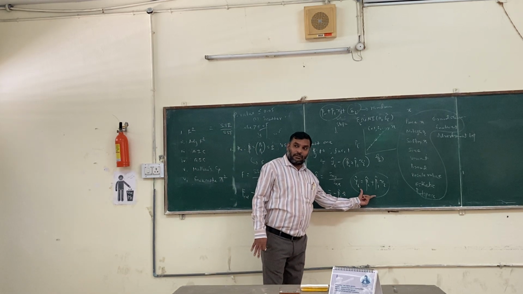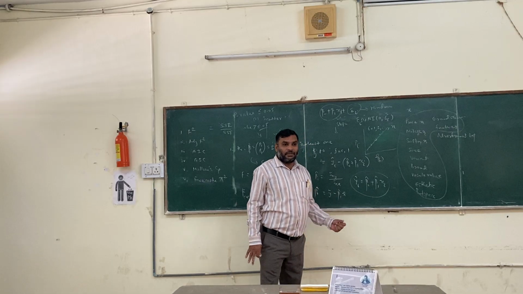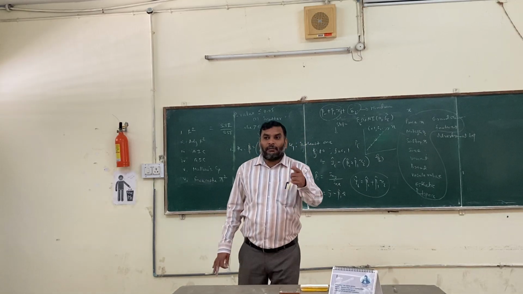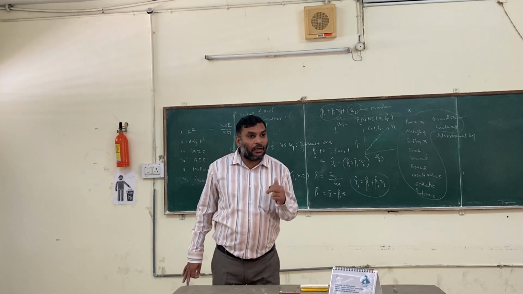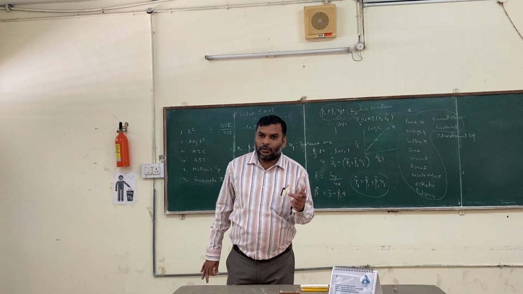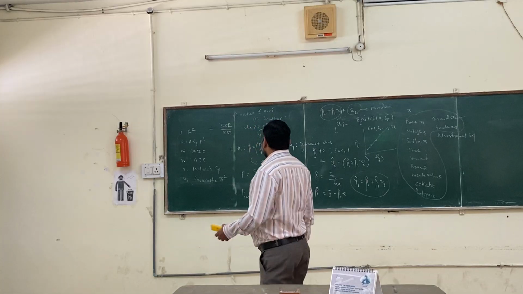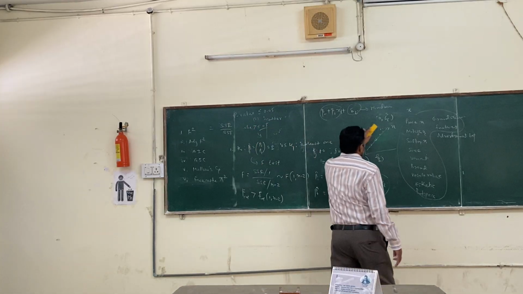Now when both are not simultaneously 0, the question is, is any one of them 0? Or are both different from 0? So for that we need to go for individual testing of parameters.